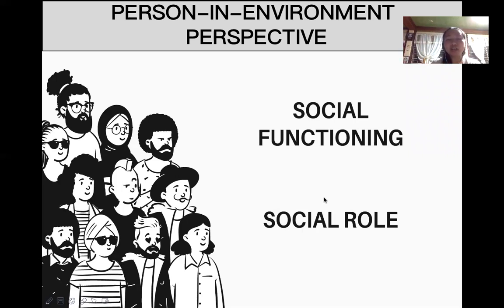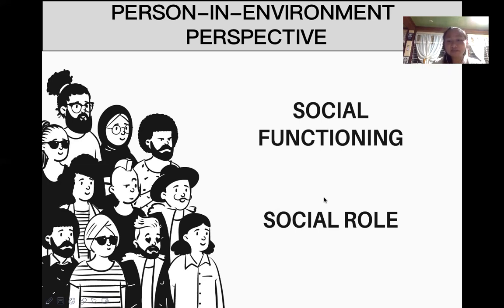Part of our job is to help mediate, match, resolve, if not reconcile, this disparity or gap when a person fails to meet that demand. So, how can we help individuals strike that balance between their coping ability and their environmental and situational demands? That explains why social functioning is a very important concept in the person and environment perspective.